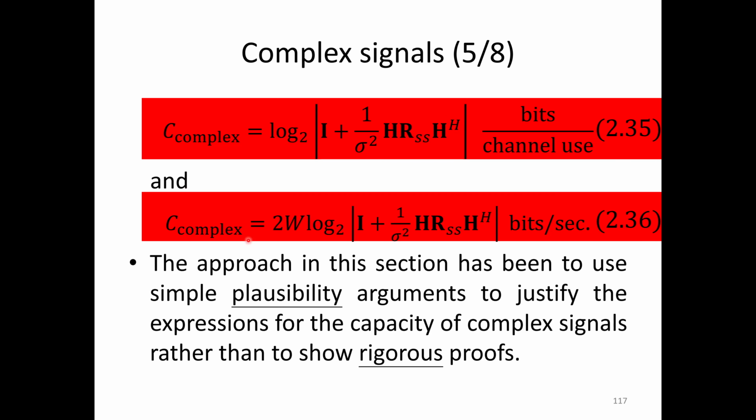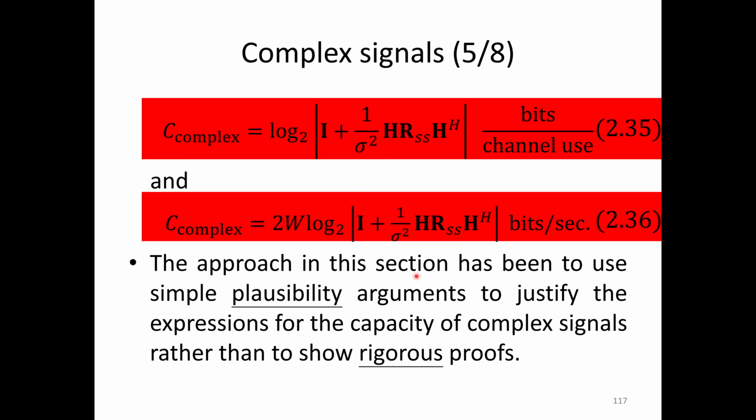And if the unit of the capacity is in bits per second, then the capacity of a complex signal is equal to 2W times log 2 of the determinant of I plus 1 over sigma square times H times R_SS times H Hermitian bits per second. You can see that for the real case there is no factor 2, and for C complex there is a factor 2 here.